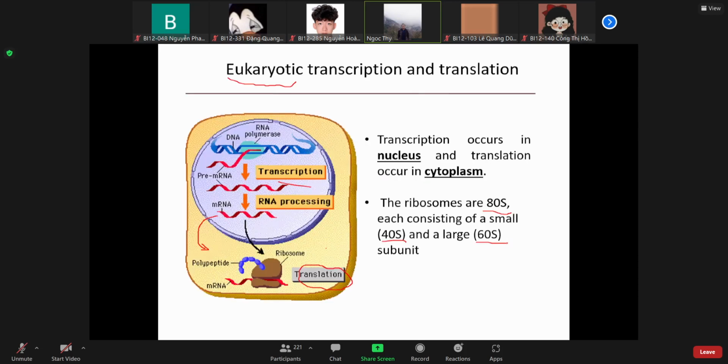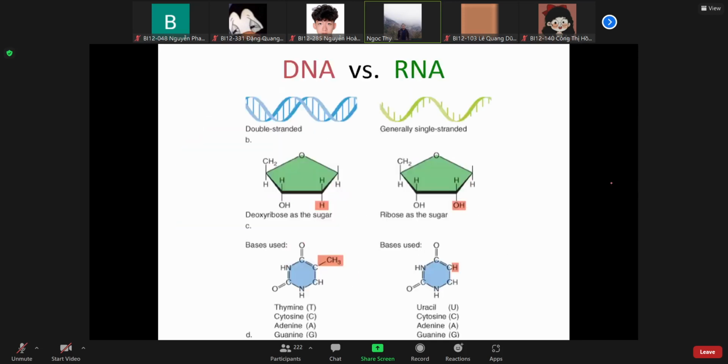Oh, by the way, I remember that in this class last week, a student asked why in RNA we have uracil instead of thymine as in DNA, right? So I checked the research on PubMed.